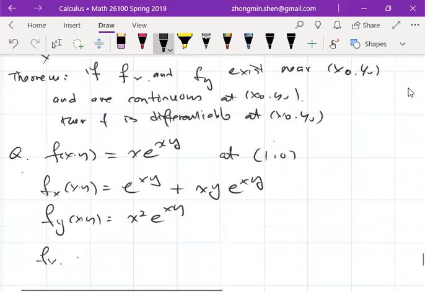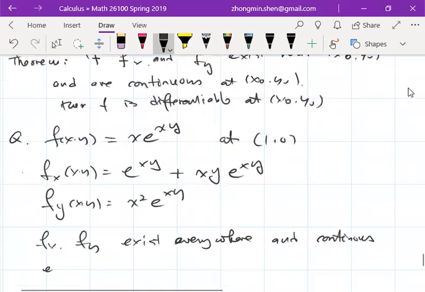So you see that they both exist everywhere, not just nearby that point, and are continuous everywhere.